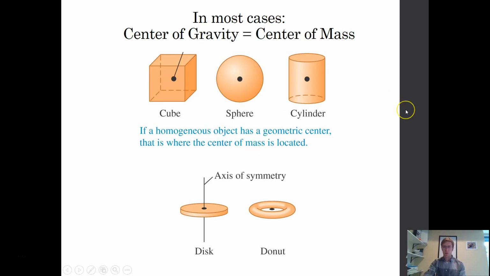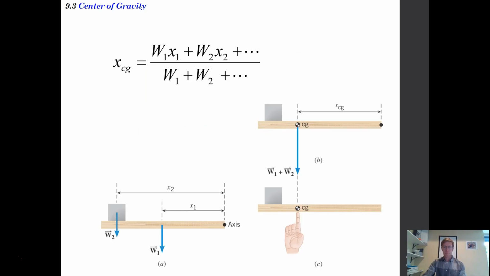So if you have a cube or a sphere or a cylinder or a disk, then this geometric center will be its center of gravity as well as the center of mass anywhere near Earth's surface. It's really just for very large, astronomically sized objects that you'll typically see centers of gravity and centers of mass that do not line up.